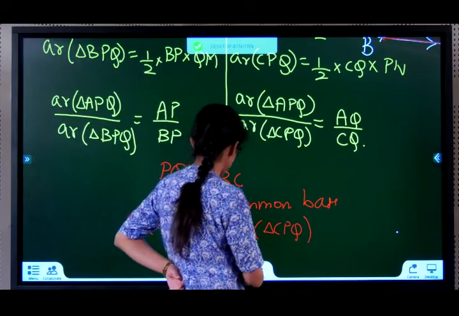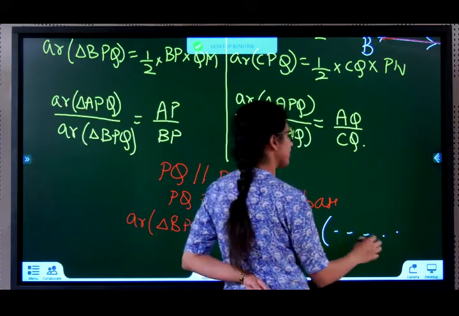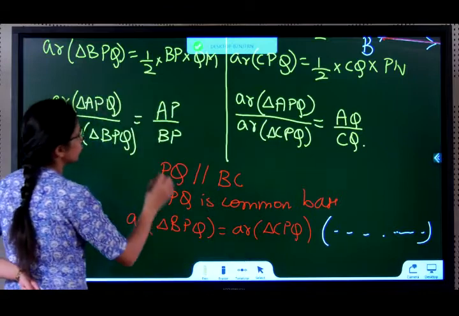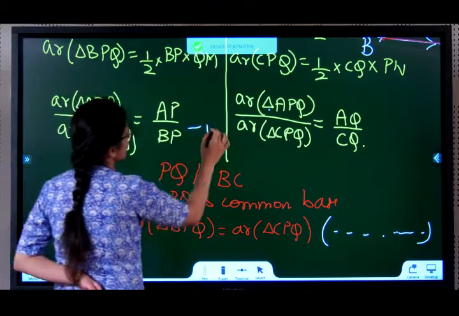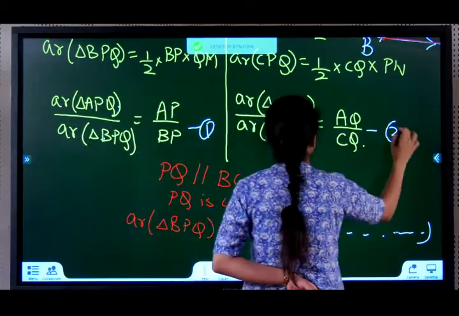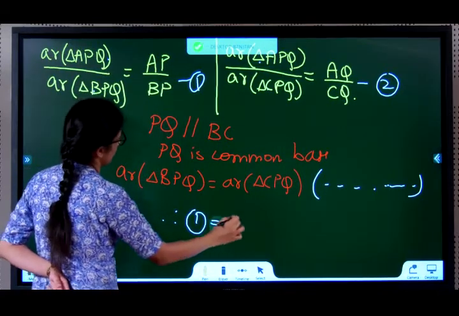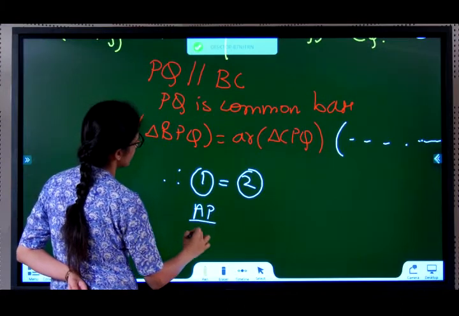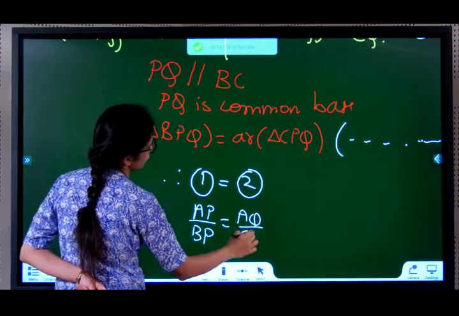Write down the reason: triangles on the same base and between the same parallels have equal area. So, now because these two are equal, and APQ equals APQ, if I label this as 1 and 2, therefore 1 equals 2. And hence I can say AP by BP is equal to AQ by CQ.